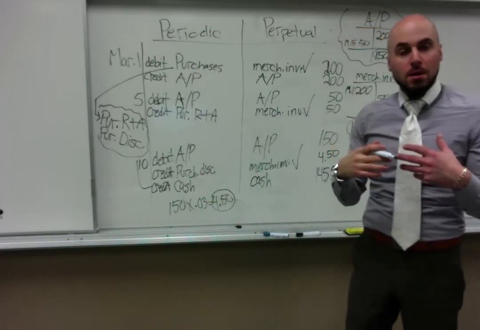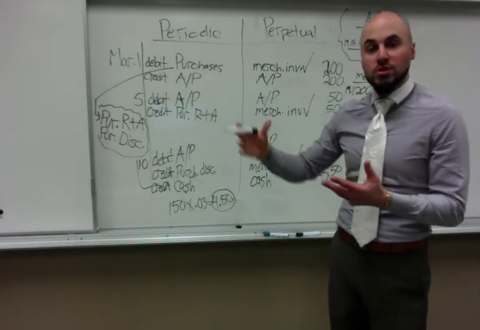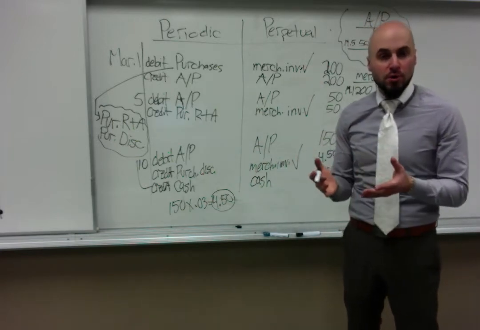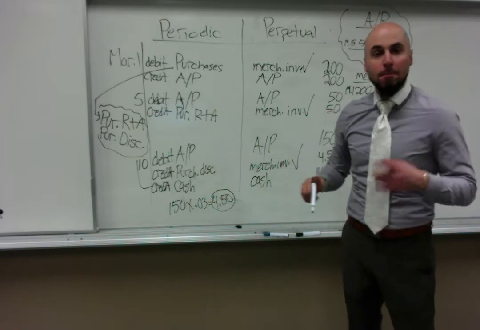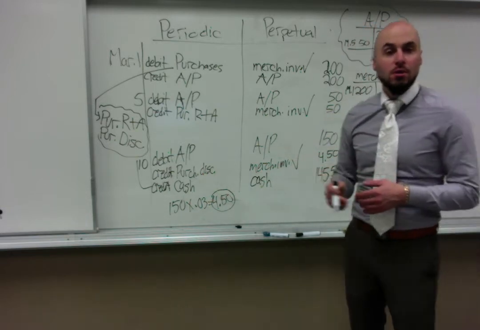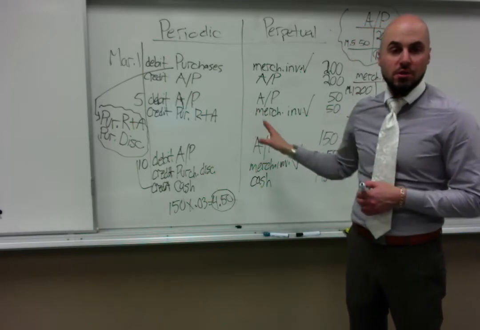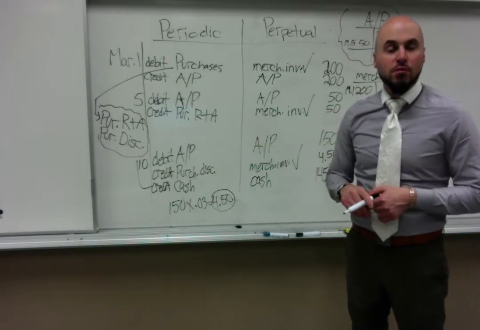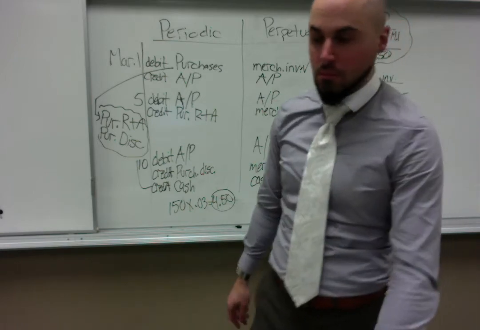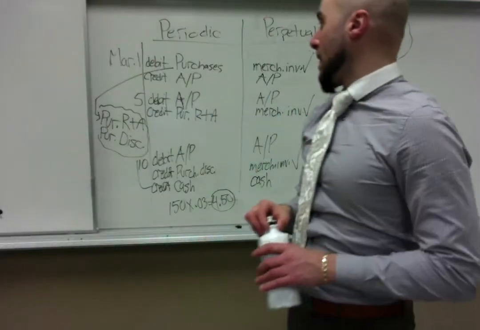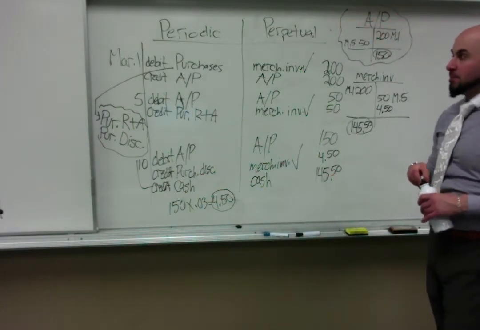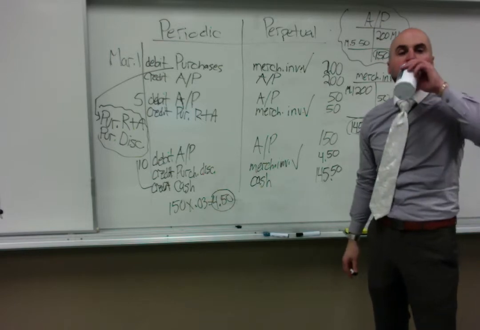The values in the income statement will still mathematically work out for you, regardless of which system you're using, but specifically in the entries, this is how you do each of the recordings under the respective systems. All right? Okay. Digest that.